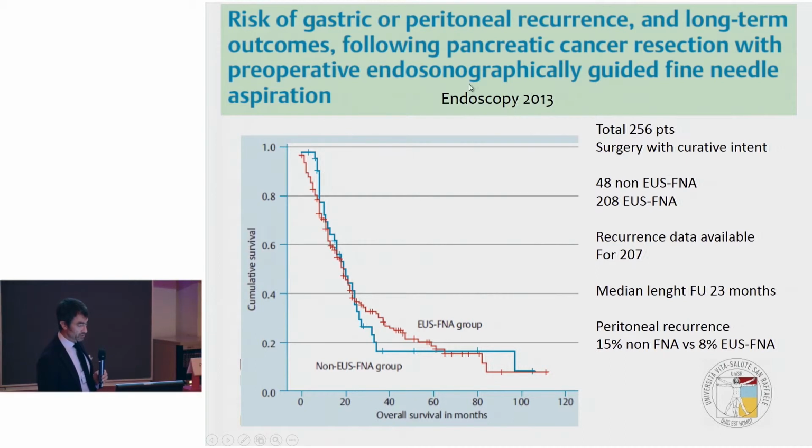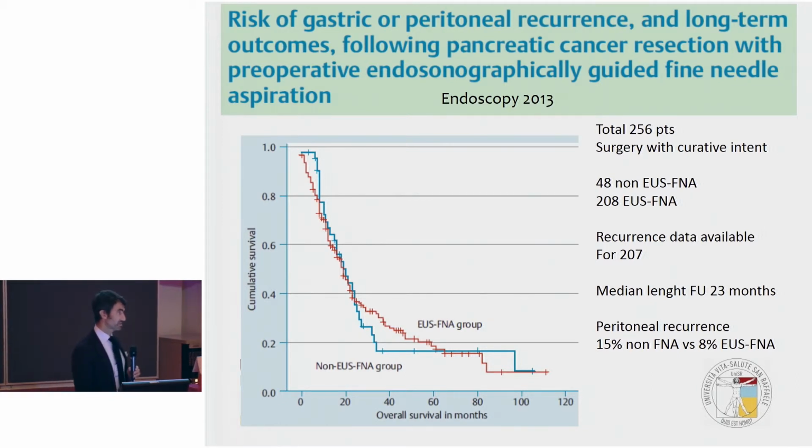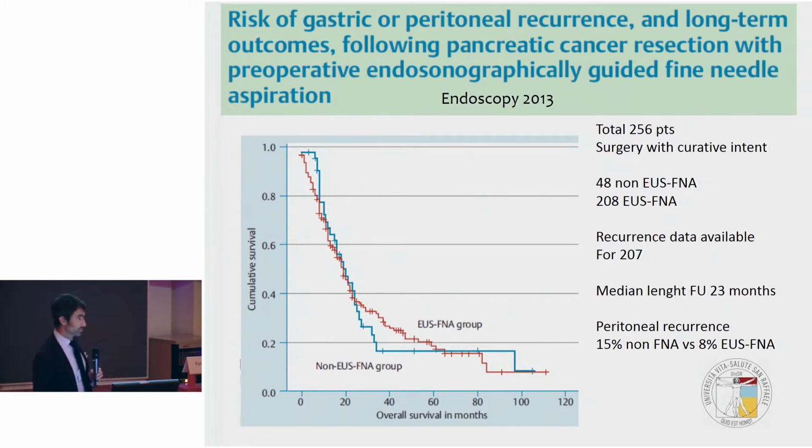And if we look at the literature, we know that if we perform EUS-FNA, the risk of peritoneal recurrence or peritoneal seeding is significantly less as compared to the standard transcutaneous biopsy.